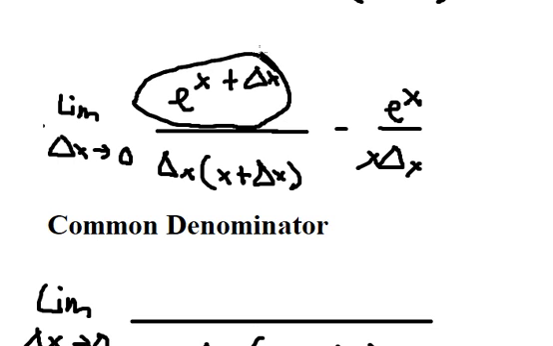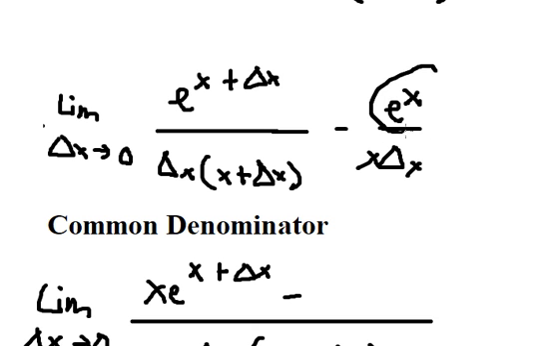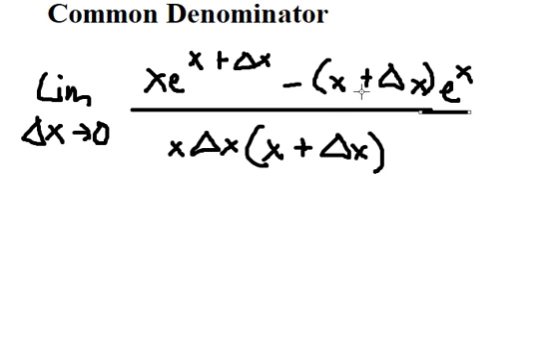This one we need to multiply by s, minus this one we need to multiply by this one in here. Now we need to expand this one.